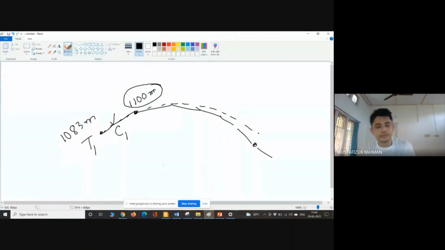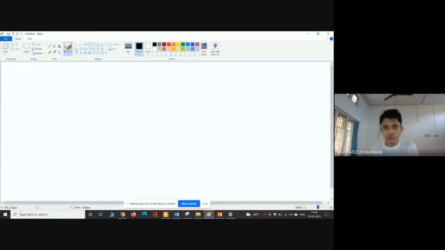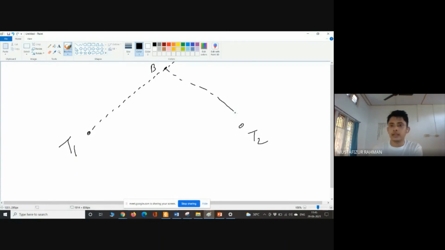Then again, what will happen? We will know this T1 point. We will know this T2 point. We will know the intersection point as well. This is how it deflected. The curve will be in between here.